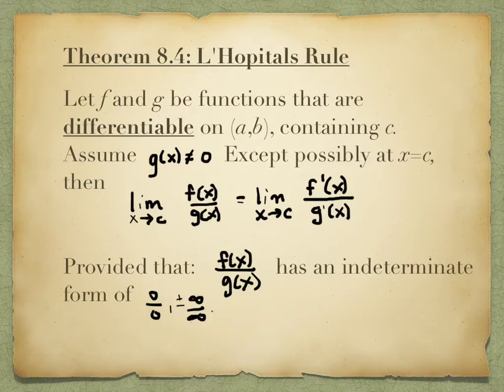The theorem tells you what can happen provided that certain conditions exist, but that means we actually have to make sure the conditions exist before we use the theorem, right?